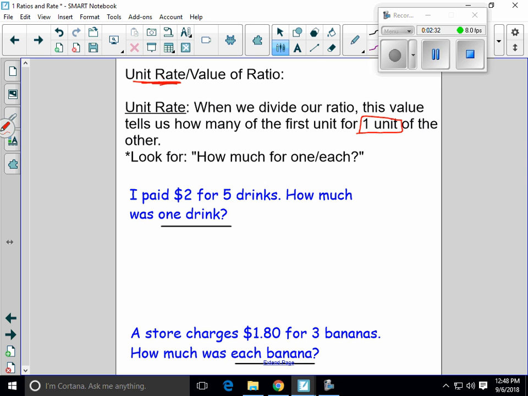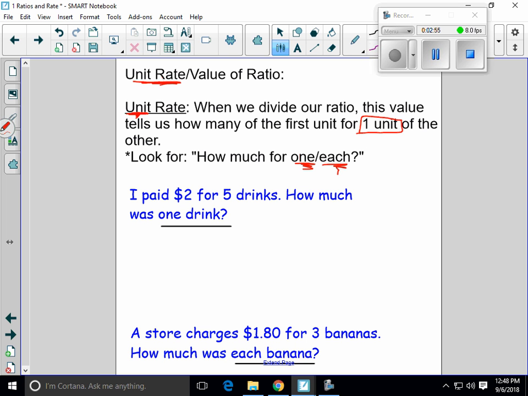They're looking for how much for one item or how much for each. Like if there's a pack of Gatorade, a 4-pack, well, I don't want 4 Gatorades, I want to know how much for one. So when you see that word unit, the UNI, think of the number 1, like a unicorn has 1 horn. Unit rate: how much for one?